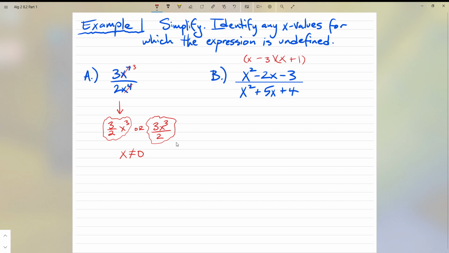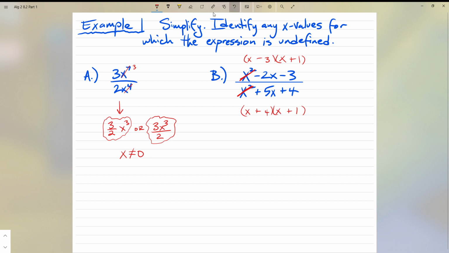On the denominator, I've got x squared plus 5x plus 4, and the two numbers that multiply to 4 and add to 5 are 4 and 1. So I've got plus and plus for all of that. Now between the top and the bottom, now that everything is written as multipliers, I can cancel. I cannot cancel this; I'll write it, but I'll erase it right away. The most common mistake I see is somebody trying to cancel these two things because they're both x squared.